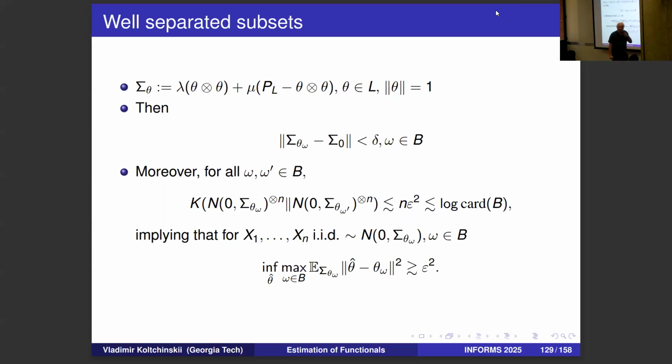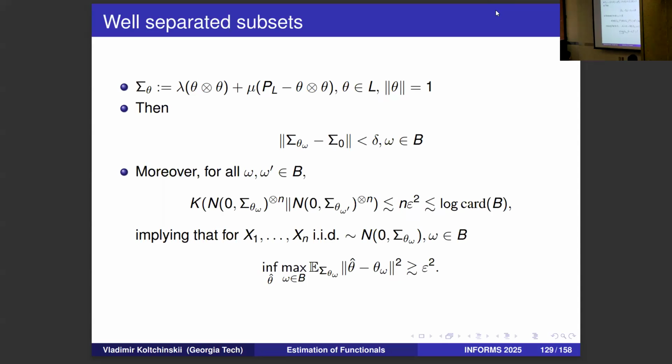Everything is chosen in such a way that these covariances will be in our neighborhood. Then we will start generating Gaussian data by sampling from these covariances, and this is the distribution of n Gaussian observations. If you compare this distribution for different omega and omega prime, there will be an upper bound on the Kullback-Leibler distance.